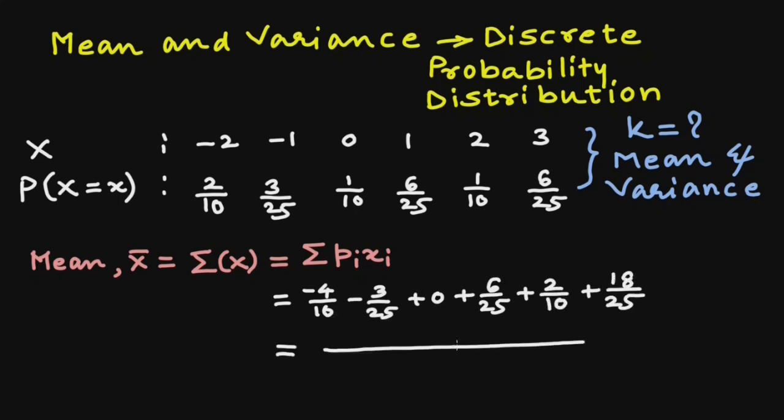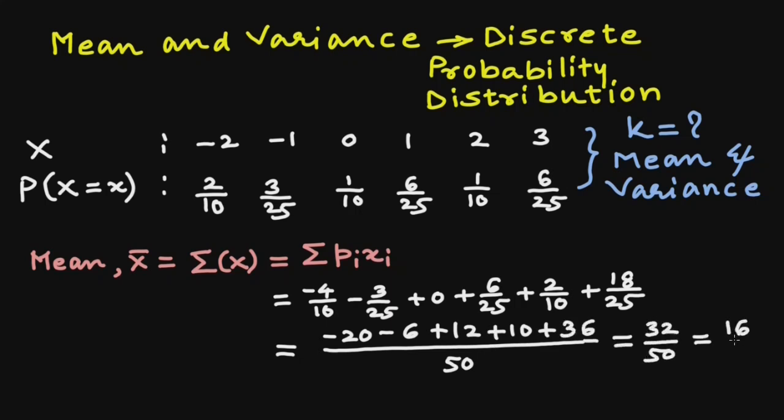LCM of 10 and 25 is 50. 50 upon 10 is 5, 5 into minus 4 is minus 20. 50 upon 25 is 2, 2 into minus 3 is minus 6, plus 50 upon 25 is 2, 6 twos are 12. 50 upon 10 is 5, 5 twos are 10. 50 upon 25 is 2, 18 twos are 36, which is 32 upon 50, 16 upon 25. So the mean or expectation E(x) is 16 upon 25.